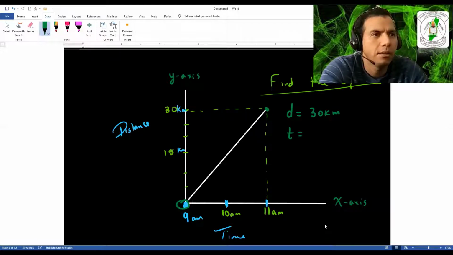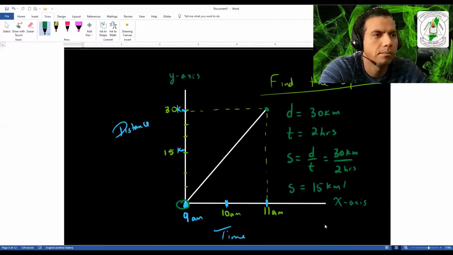The time is from 9 in the morning to 11 in the morning, so that's 2 hours. So speed is made up of distance over time. So 30 kilometers all over 2 hours. Our answer here is 15 kilometers per hour.